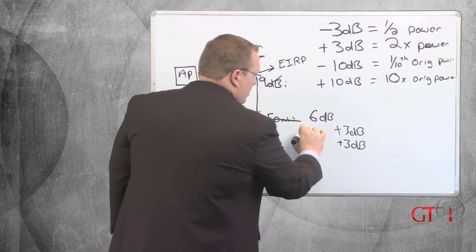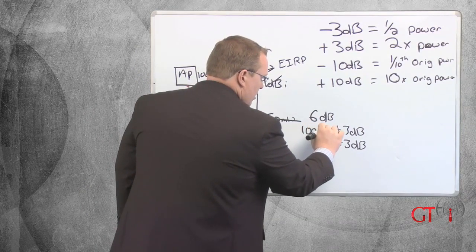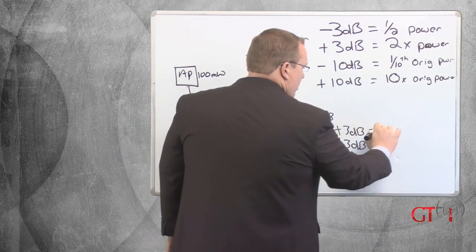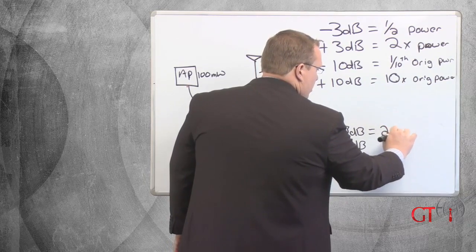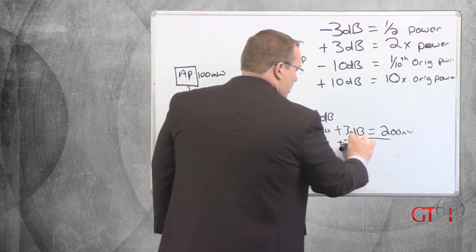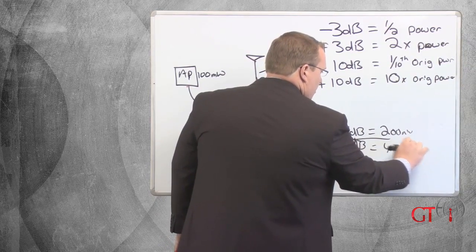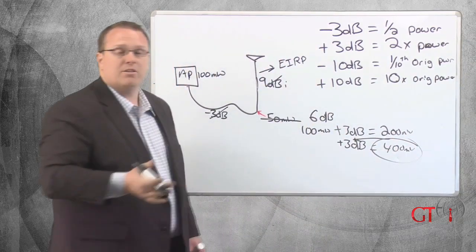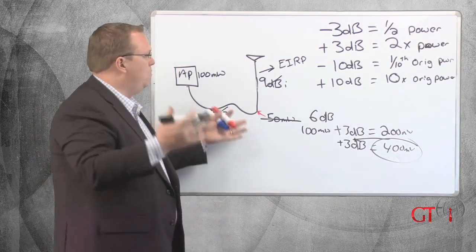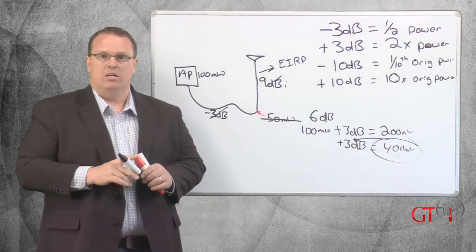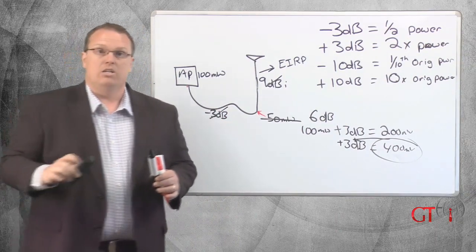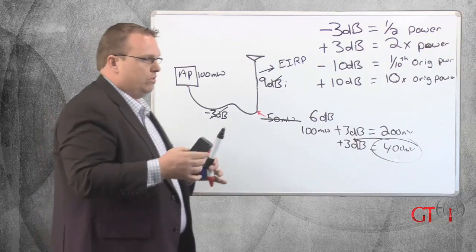So 100 milliwatts goes in, encounters a 3 decibel gain. I'm now at 200 milliwatts. That encounters a 3 decibel gain, and I'm at 400 milliwatts. The exact same answer we had last time, maybe one less step. So that's kind of a shortcut to getting this.